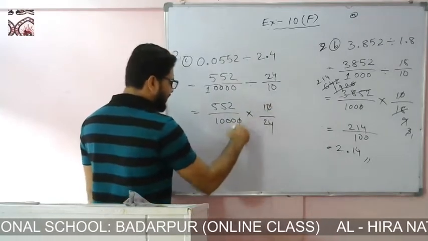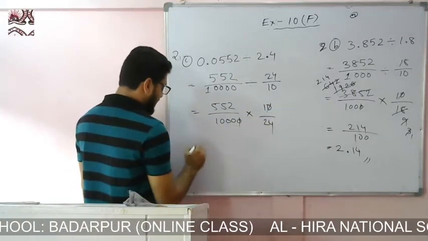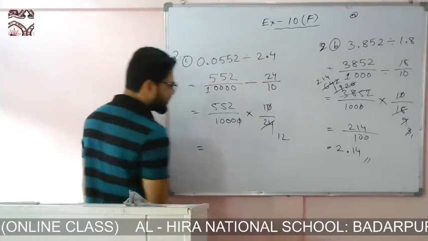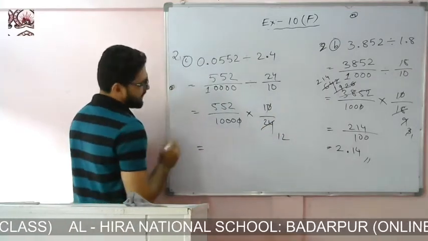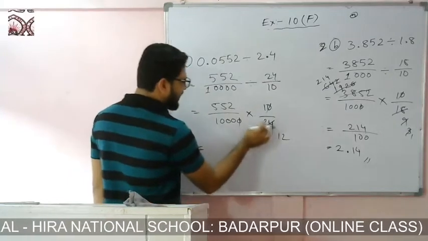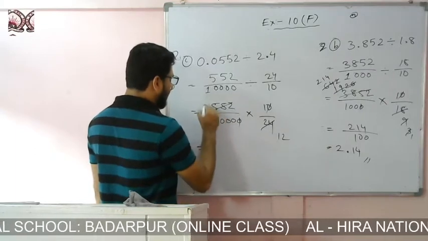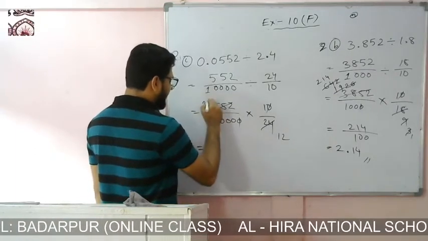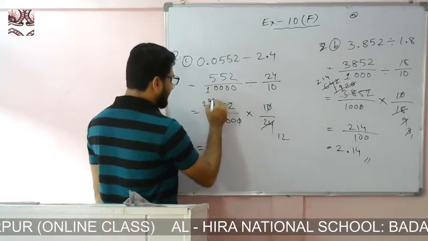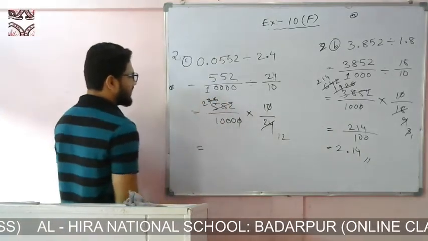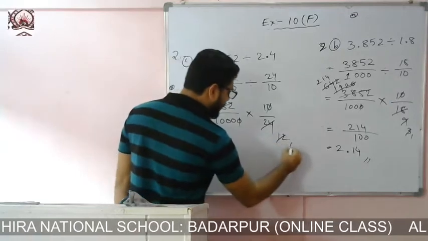So you cancel 10 with 10. Then you cancel with 2. 2 12s are 24. Okay. Now this one again with 2. 2 2s are 4 and 1. 2 7s are 14 and 2 6s are 12. 276.